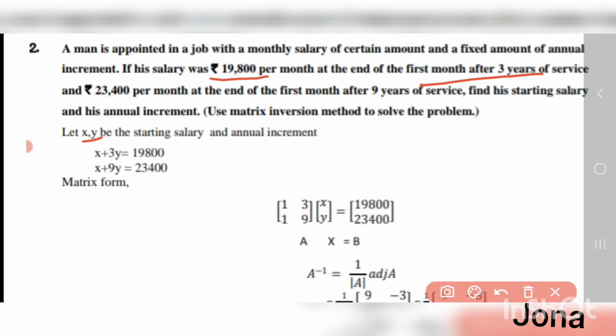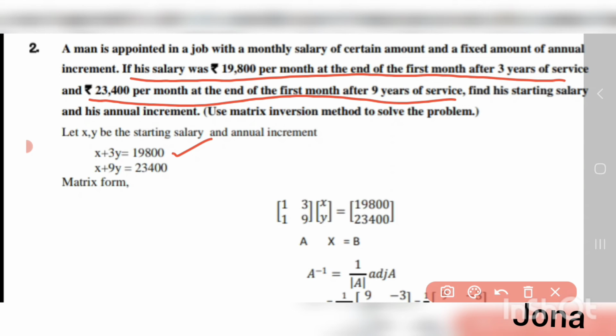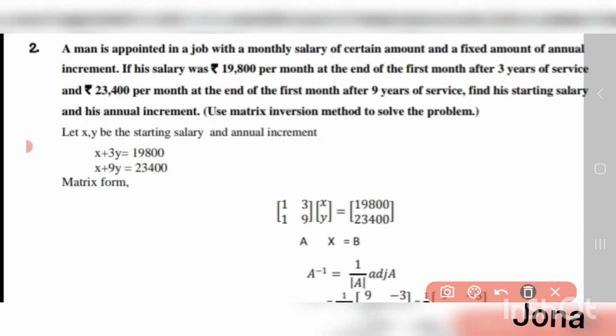From the first statement we get x plus 3y equals 19,800, and from the second statement we get x plus 9y equals 23,400. We can write this in matrix format as 1, 3, 1, 9 with x, y as the variables, and 19,800 and 23,400. So this is in the format of AX equal to B now.